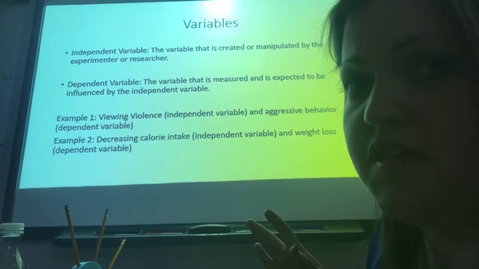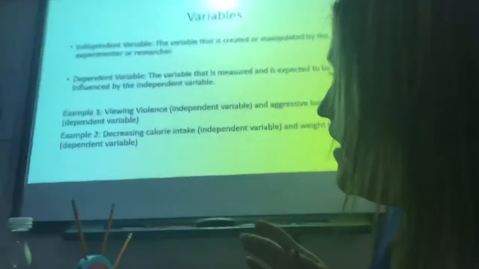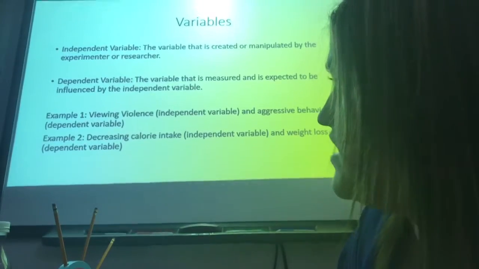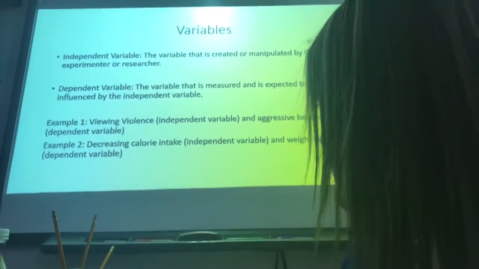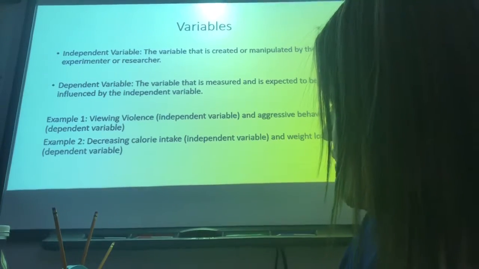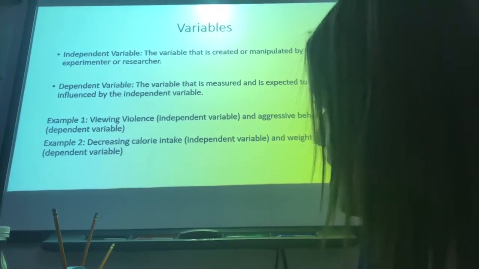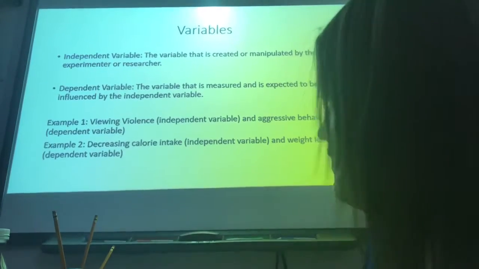This is always confusing for me, so it takes me some time to tell the difference between the two. Your example 2 is decreasing calorie intake, which is your independent variable, and weight loss, which is your dependent variable. So weight loss is dependent on how many calories you decrease in a day, which would be your independent variable.